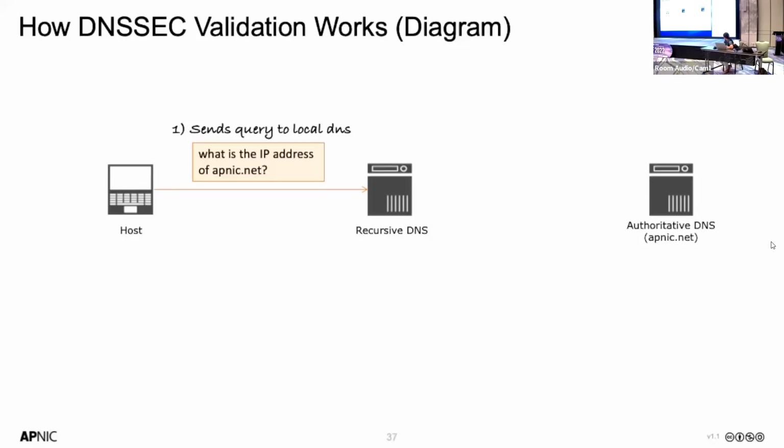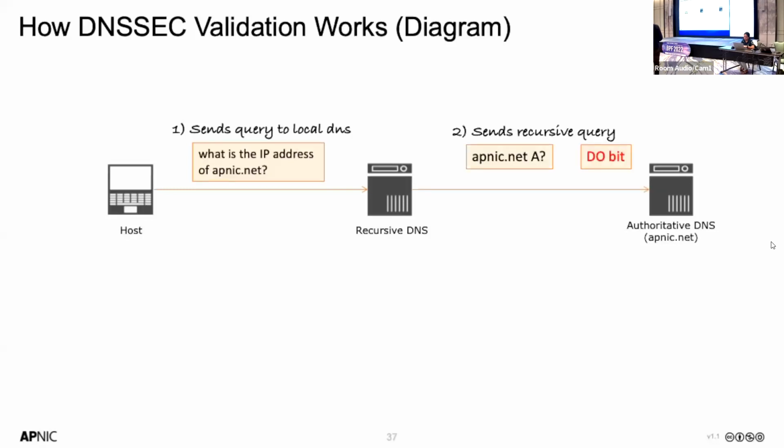Now the recursive DNS here is configured by the admin to do DNSSEC validation. That means it is going to do the job for you to check whether a domain is actually secure or not.